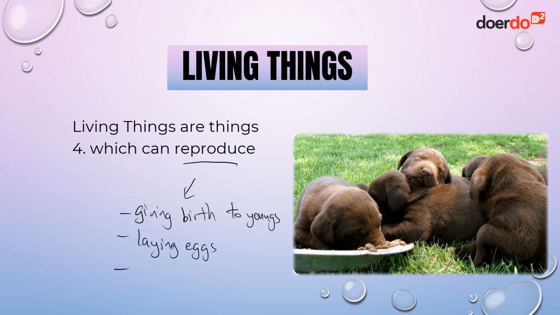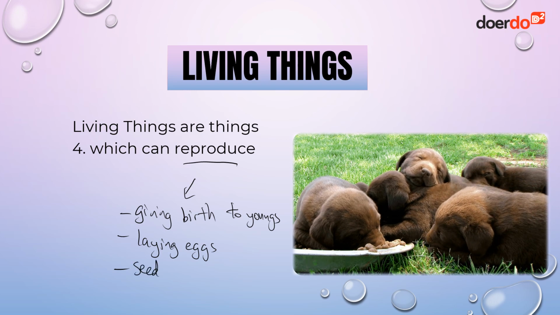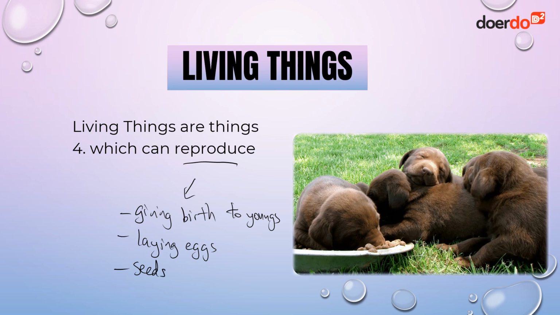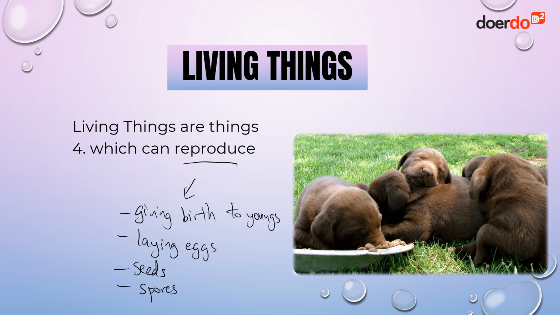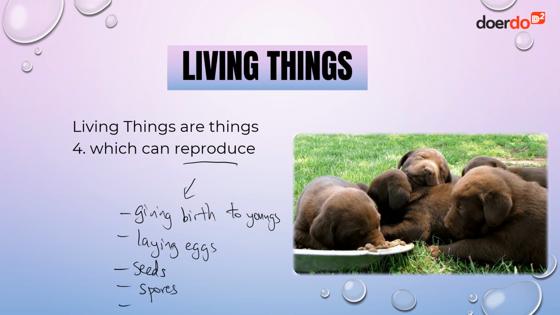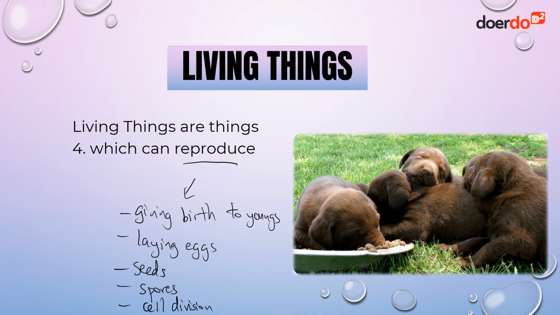For plants, they reproduce through seeds, correct? They produce seeds, and these seeds will grow into new plants. Or for fungi, we have spores. And for bacteria, it will be cell division. Okay, so there are different ways of reproduction, but all living things will reproduce.